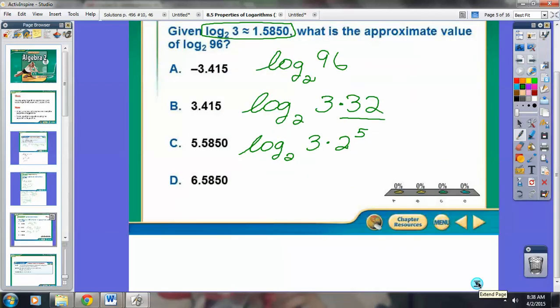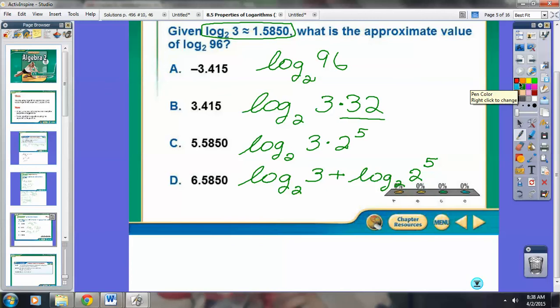So we'll use our properties of log. We have log base 2 of 3 plus log base 2 of 2 to the 5th power. Now we know what log base 2 of 3 is. That's given to us. What is that value? 1.5850. Plus, here we have log base 2 of 2 to the 5th power. What can we do with that 5?